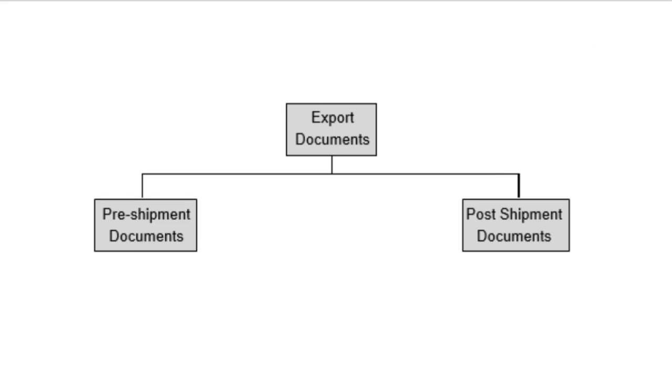So before stuffing the container, we need to prepare the commercial invoice and packing list, and we also process the billing of that document in the SFE and generate SFE tax invoice.